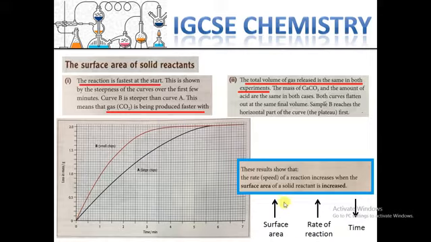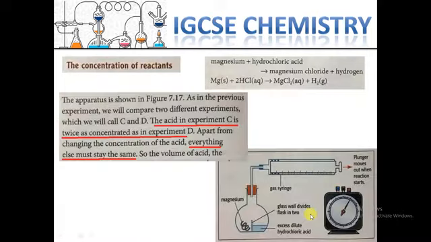So finally we can conclude that increasing surface area can improve the rate of reaction, make it quicker, but the time will be decreased. In a shorter time, you can increase the rate of the reaction.